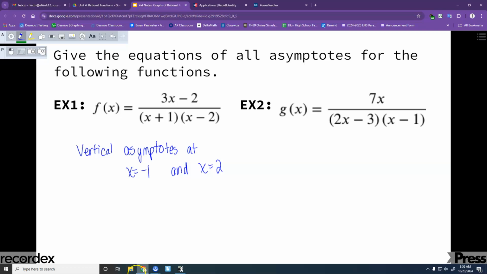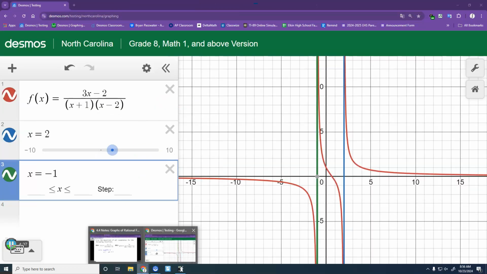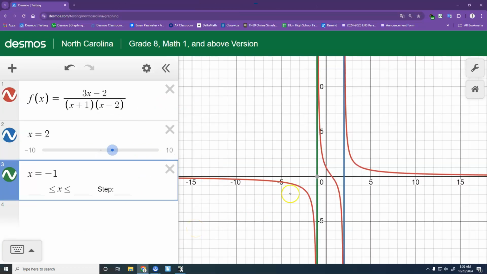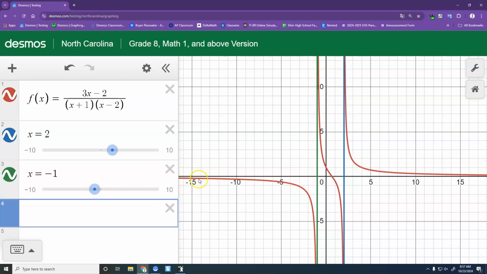Now, this might also have a horizontal asymptote. So let's look at that. If you look out towards the ends, is there a value that you're getting closer and closer to? It's not infinity. You're approaching infinity. What are the y values doing? 0?